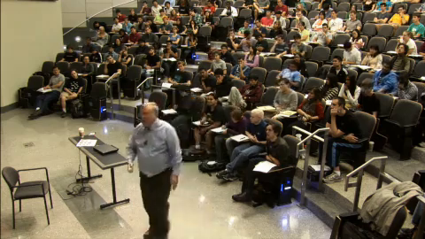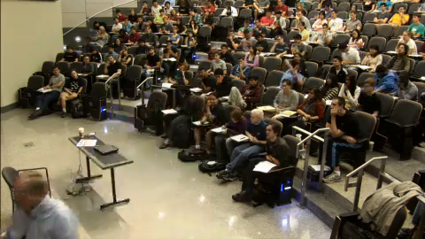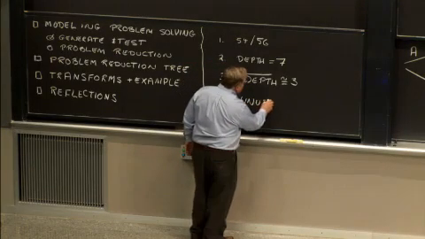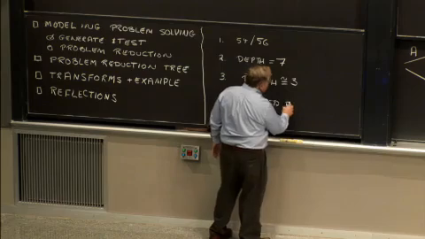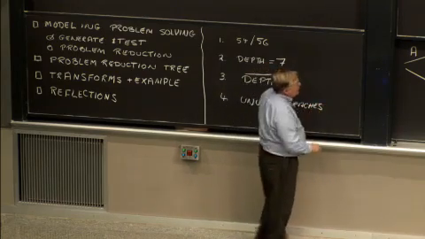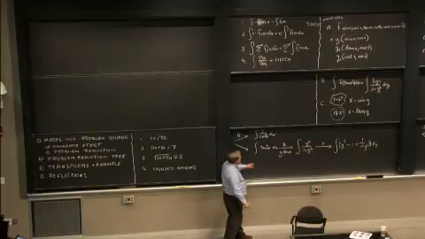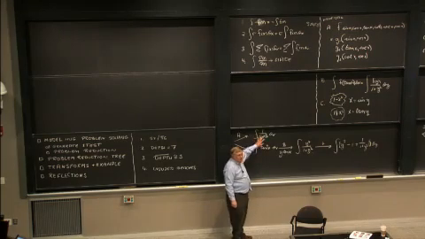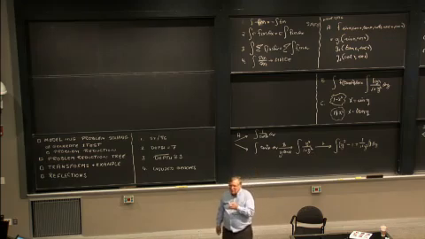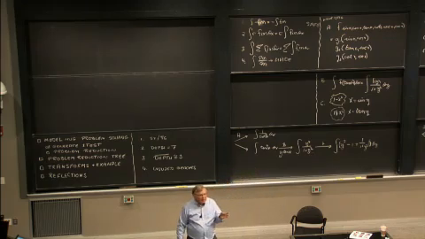Another question of even greater interest is, how many branches were unused? Here's a branch that turned out to be unused. We didn't pursue that. And so you might say, well, maybe there are a lot of unused branches.